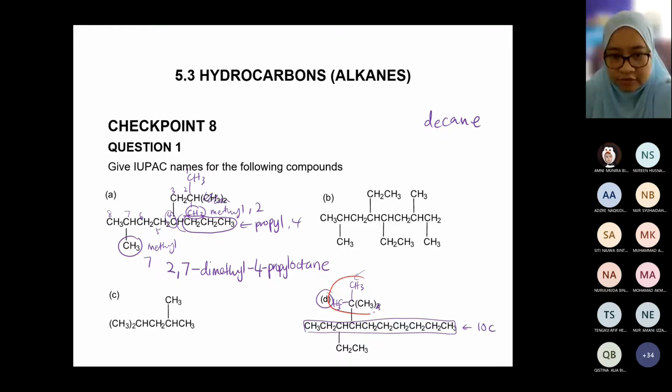So this one and this. So ni pun quite obvious. We are going to start numbering from the left side, 1, 2 to the right, 3, 4, 5, and so on. Okay, so at carbon number 3, we have this ethyl group. This is ethyl group because we have 2 carbon only.